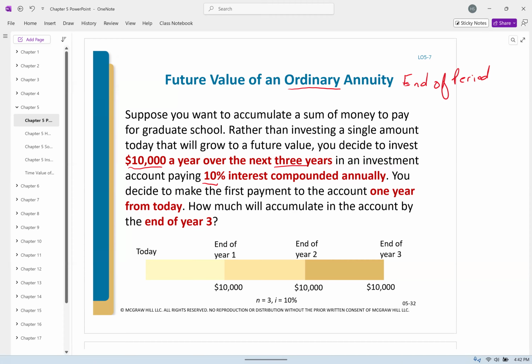You decide to make the first payment to the account 1 year from today, at the end of the first period. That terminology, 1 year from today, is what clues you in that it's an ordinary annuity. How much will you accumulate in the account by the end of year three?